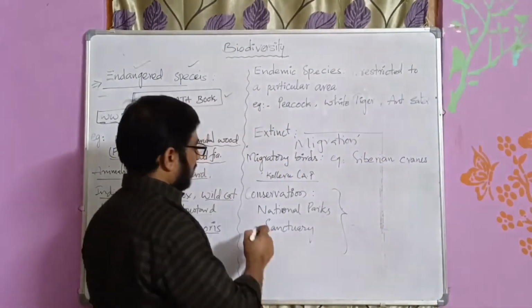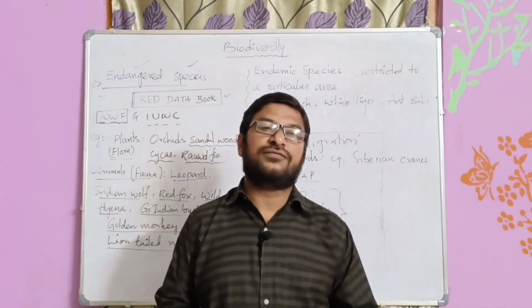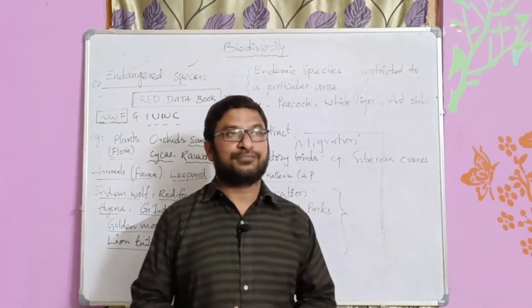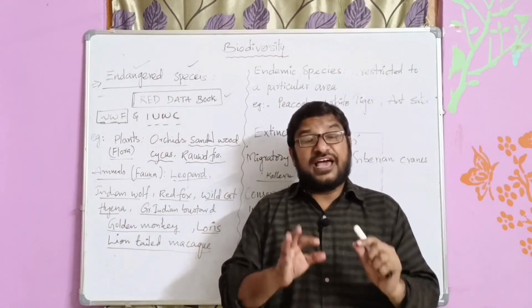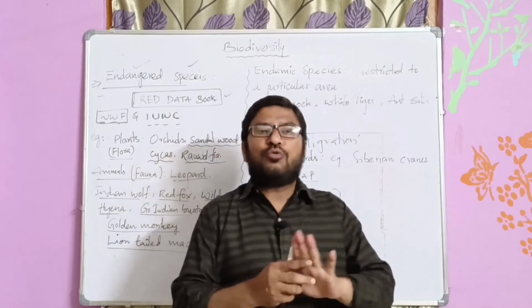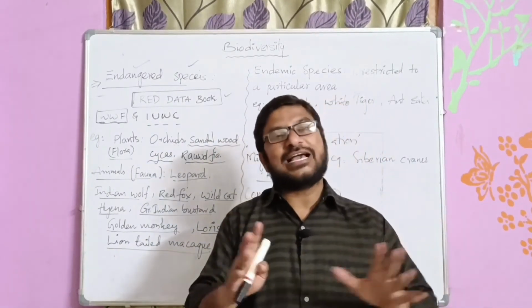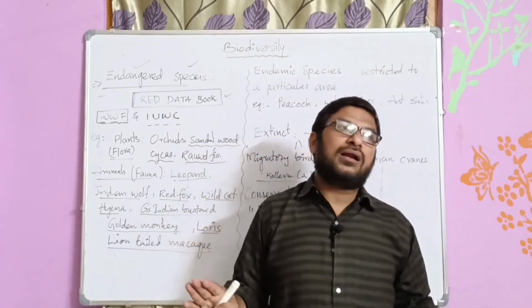Among them, national parks and sanctuaries were introduced by the governments of various countries as well as the government of India. In national parks, there will be very strict restrictions. No human activities are entertained in these national parks.